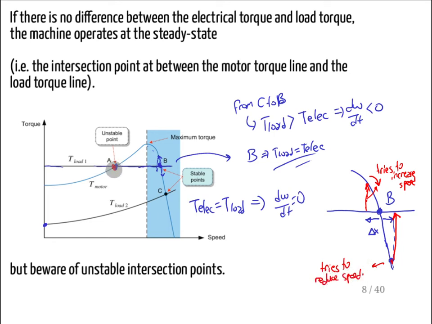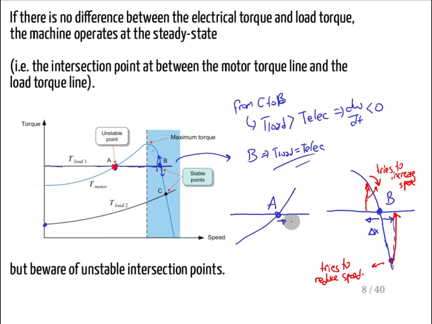However, let's have a look at point A here. If we look at point A, let me draw it again. In this case, it is this kind of graph, point A.